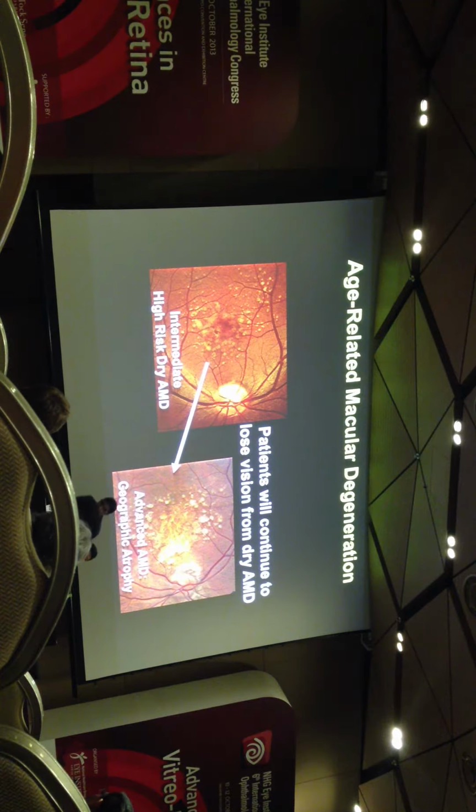RAP was one of the risk factors in the CATT trial in the latest paper for development of geographic atrophy with monthly dosing. So I think monthly dosing, while that may be perhaps attractive because it's such an aggressive lesion, I would still use a minimal dosing strategy, probably treat and extend with RAP, because I'm worried about this.